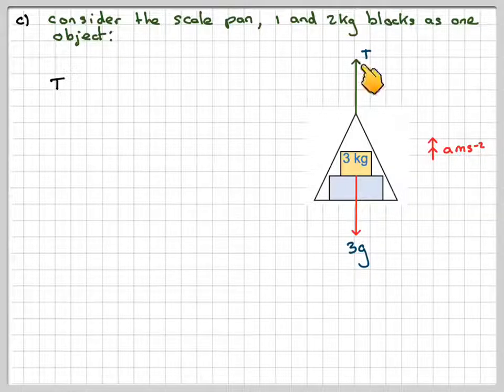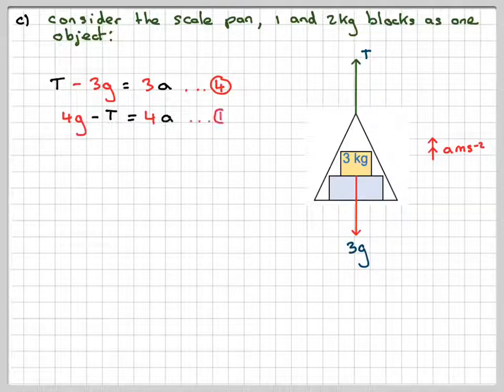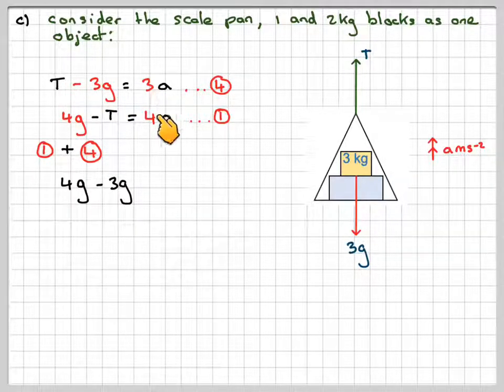So here we're going to have T minus 3g is equal to ma, which is 3a, and we'll call that equation 4. Now from this, with equation 1, we can actually calculate the acceleration. So writing down equation 1 again, and then adding 1 plus 4, the T minus T will cancel out, and then we'll have 4g minus 3g is equal to 3a plus 4a, which is equal to 7a.